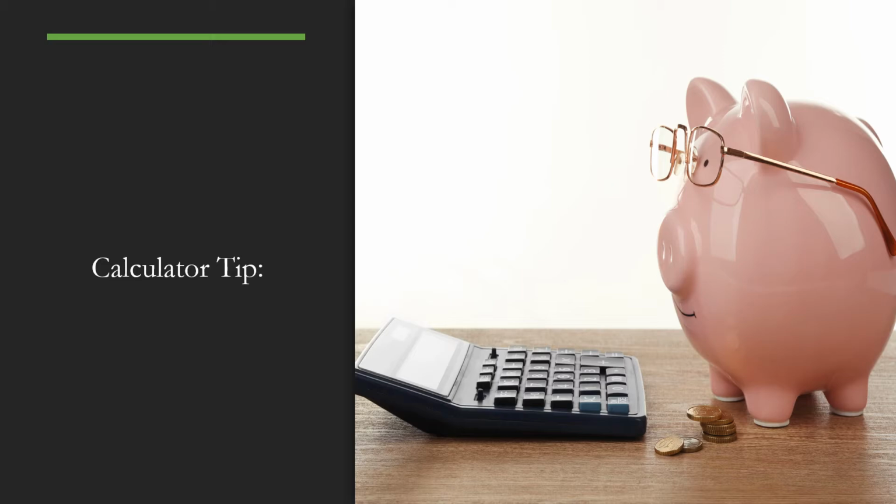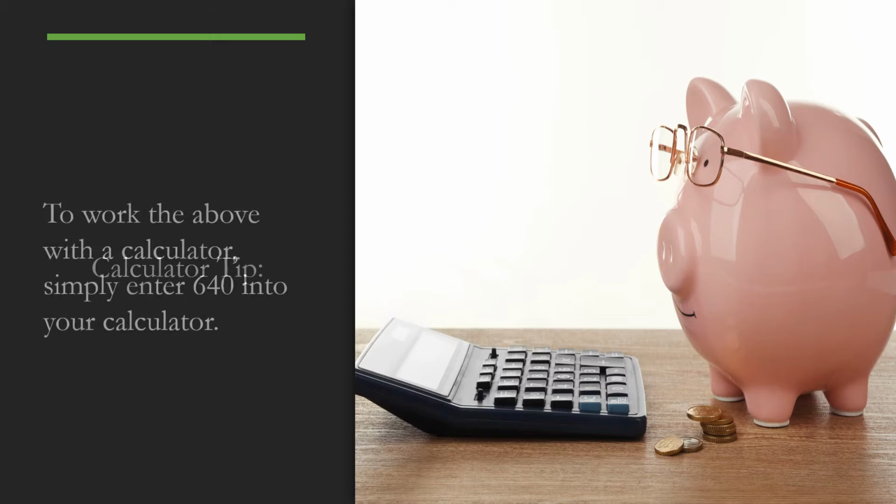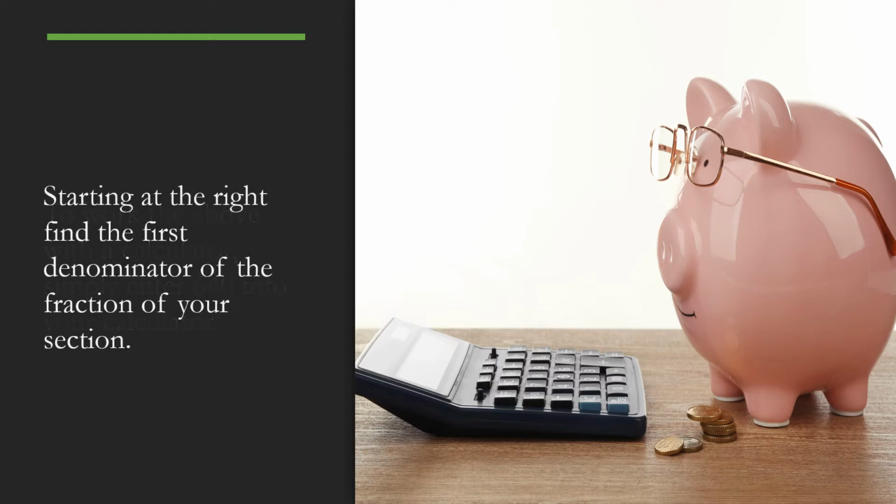Calculator tip. To work the above with a calculator, simply enter 640 whenever you're starting with the section. Starting at the right of your legal description, find the first denominator of the fraction of your section.